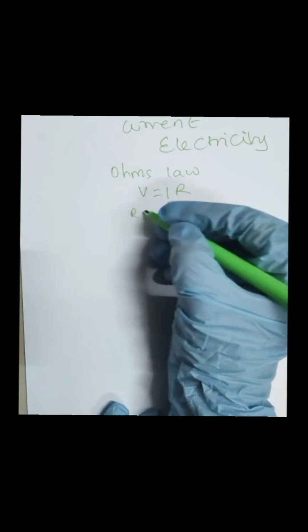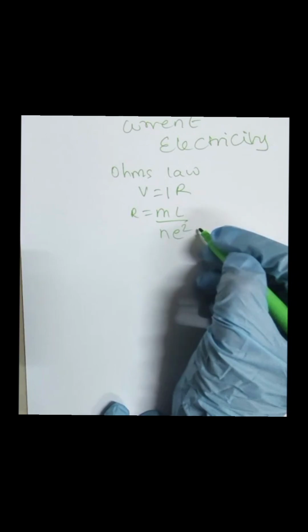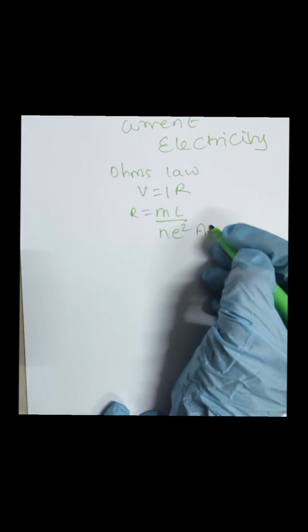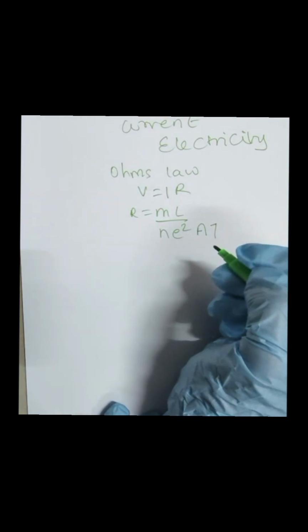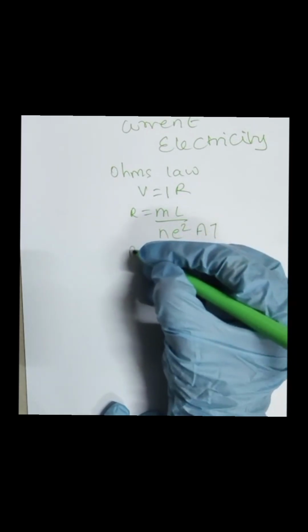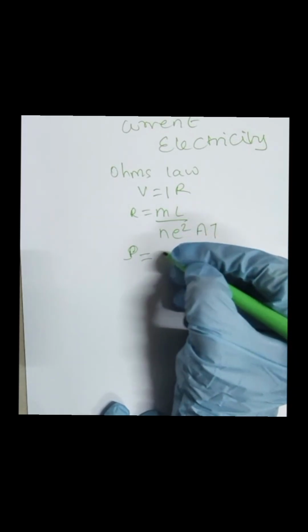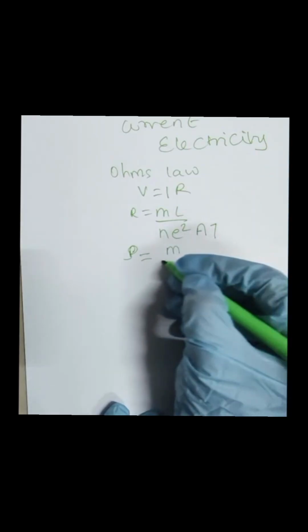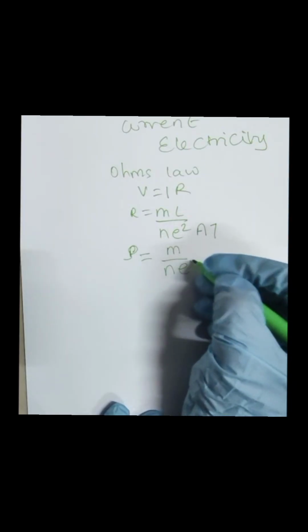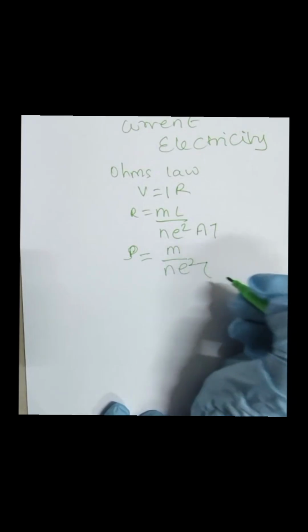Next, R equals ml by n e square A, and our resistivity rho equals m by n e square tau.